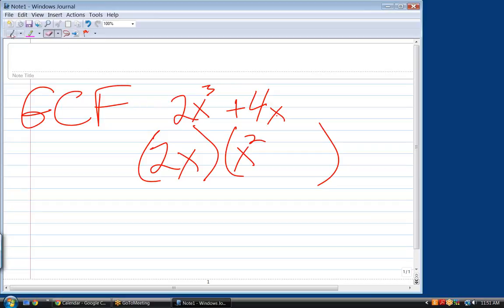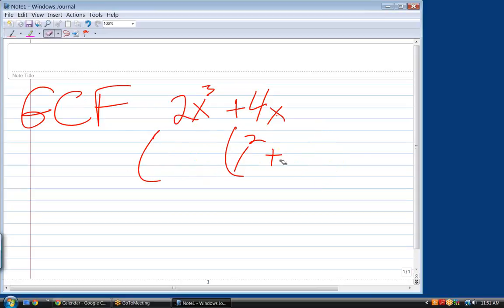Okay, and then what's the second term? What's 4x divided by 2x? It'd just be 2. Just like that. Okay, so greatest common factor is the easiest way to factor. That's without a doubt. There's nothing easier than that.